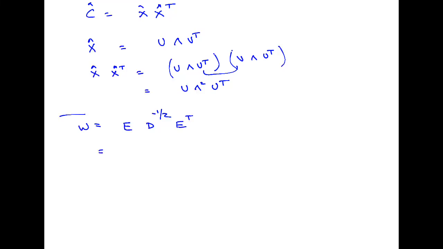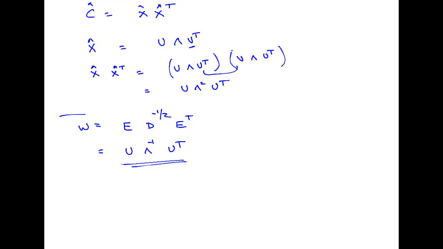Which is nothing but U lambda to the power minus 1 U transpose, where U is from the SVD of X cap, the vectors corresponding to it. So is this W the same as V? Yes, I am not using V because here I've used V, so it might confuse you guys. But yeah, so this is W.